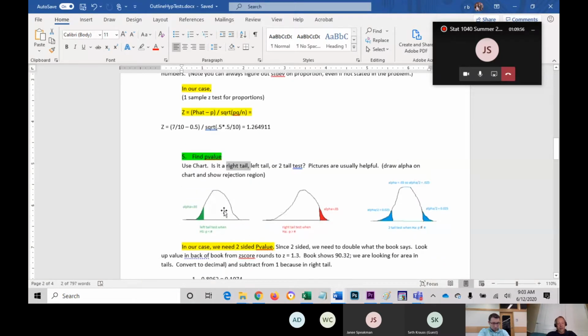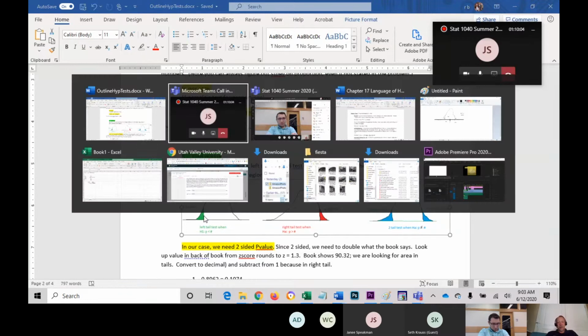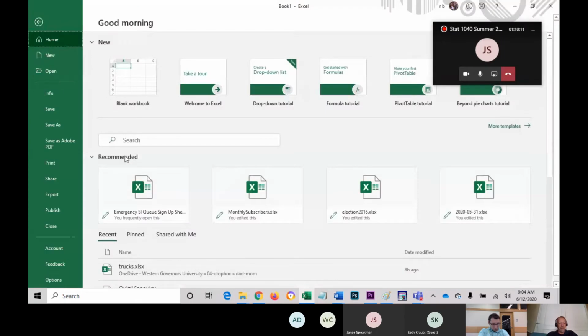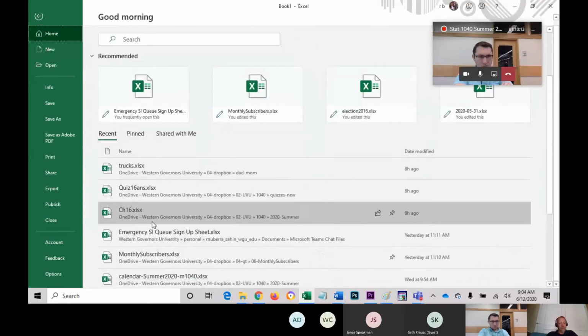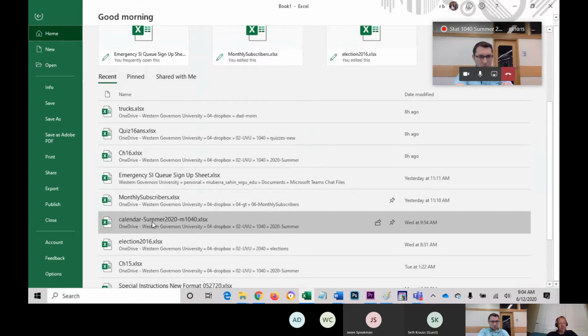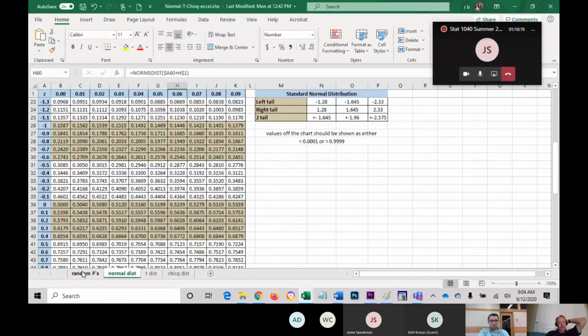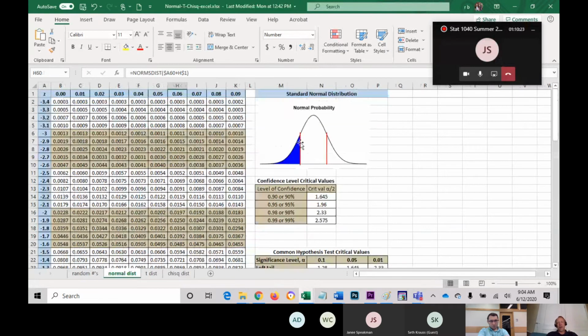So in this case, okay, I've got 3 pictures here. If it's a left tail test, remember when you're looking at your chart, I need to find my chart. Here we go. Okay. So your normal distribution, when we're looking at it, normally it gives you the area to the left.